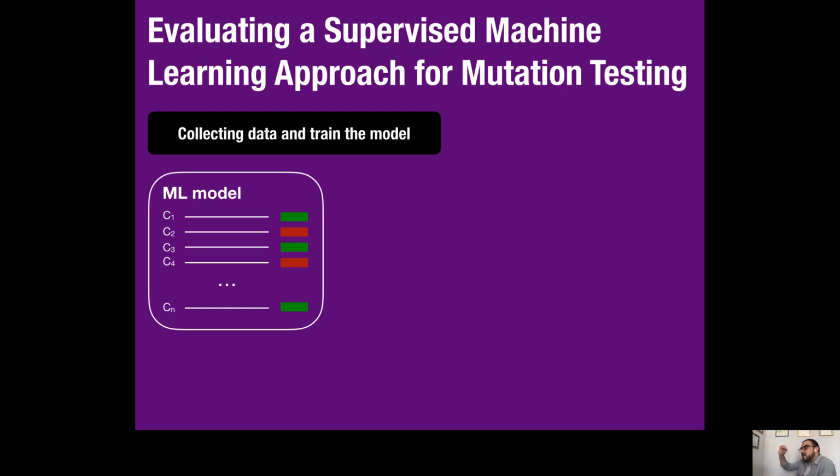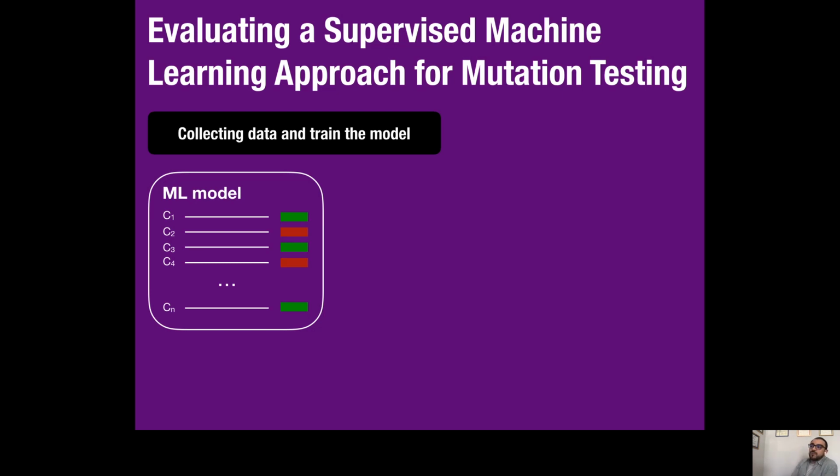And finally, the classification of that class, whether this class can be considered effective or not effective. I forgot to say that we classified effective and not effective tests by looking at the mutation score. If this was higher than a certain threshold, then it was considered an effective test. Otherwise, it was considered a not effective test.